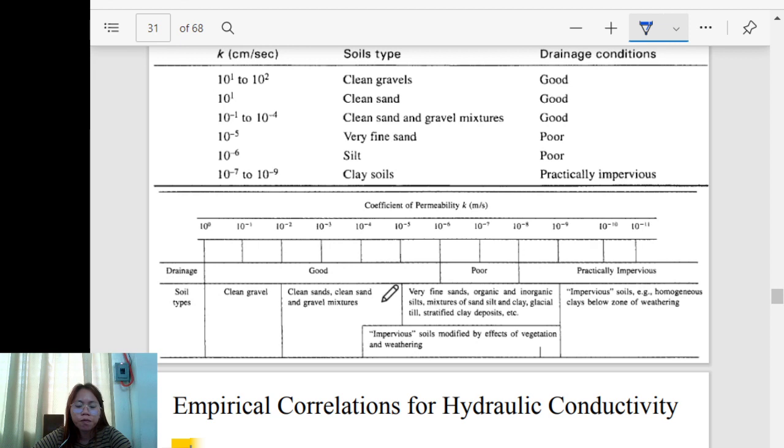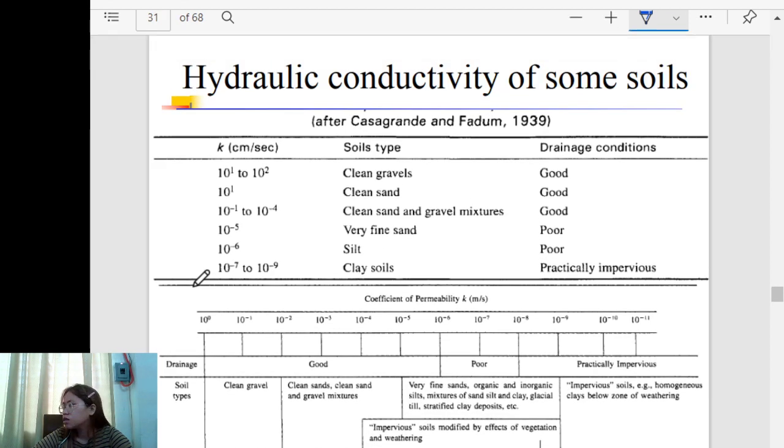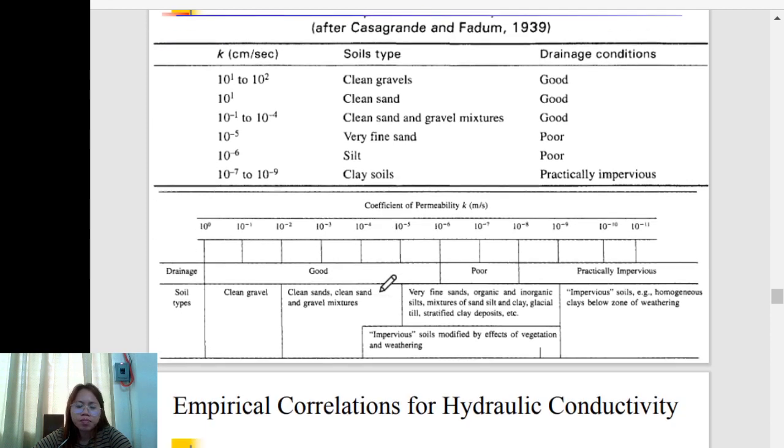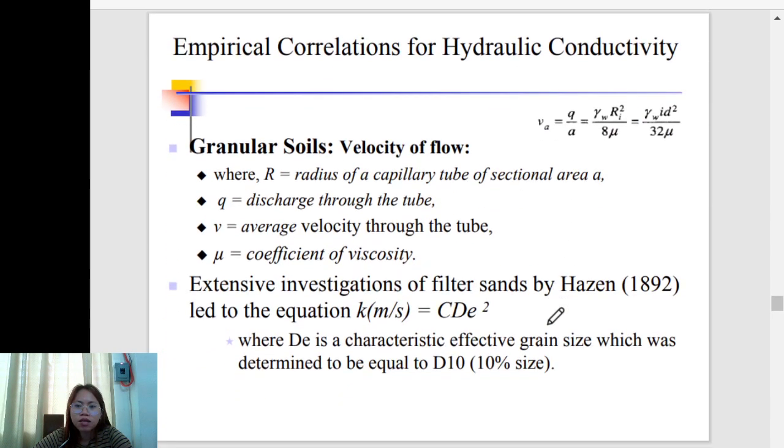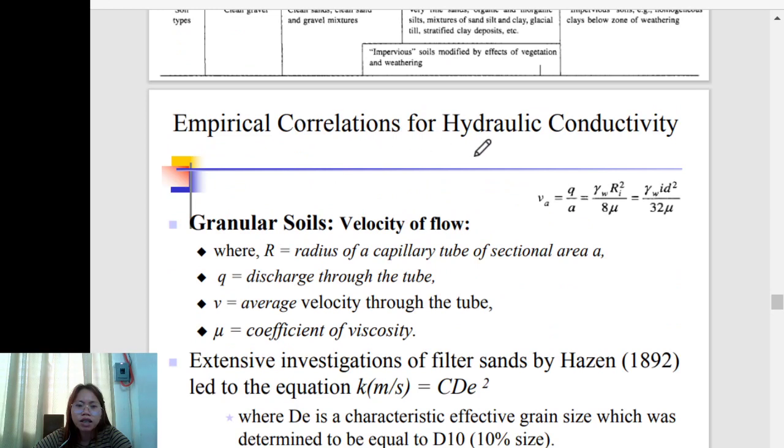So, we have drainage, very fine sand. So, let's proceed to the empirical correlations of hydraulic conductivity.